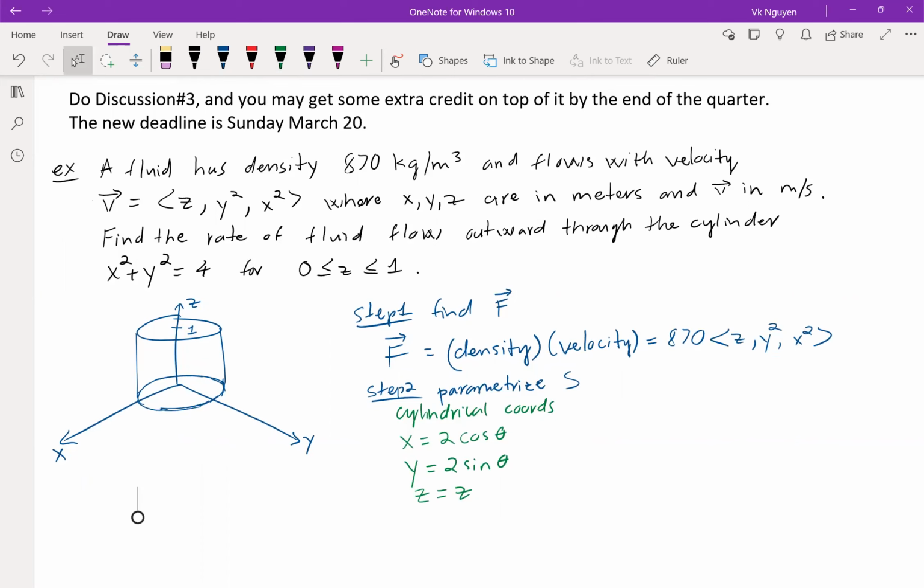Next step is, well, we got to figure out the region D. The thing about the cylinder is that you got to be especially careful with the region D. Where does the angle go from?